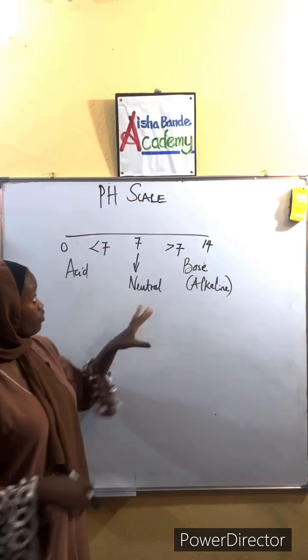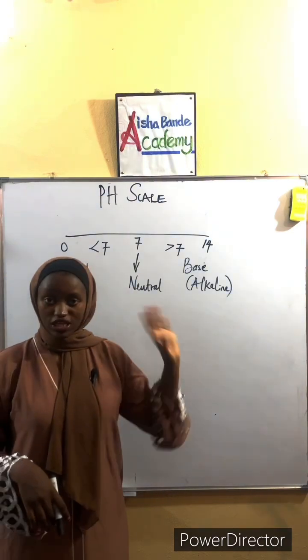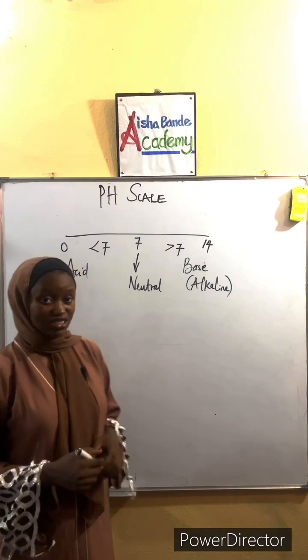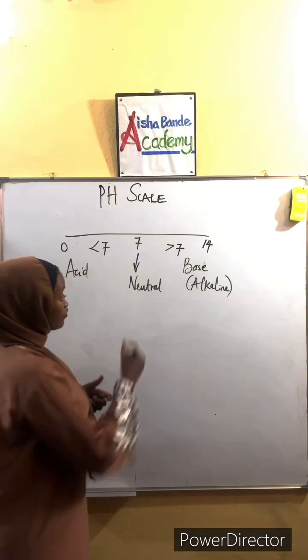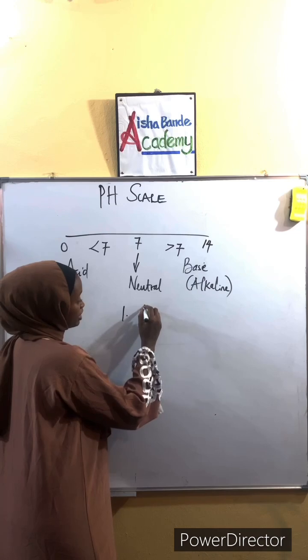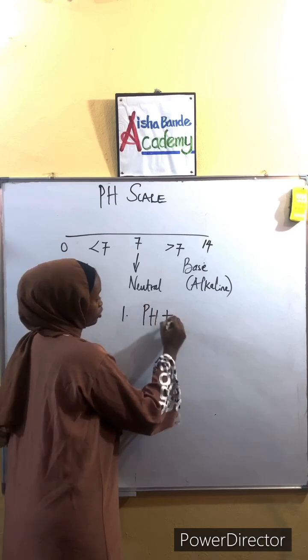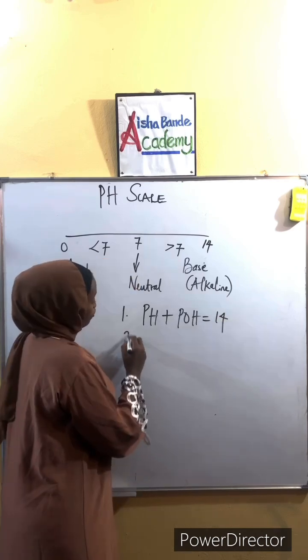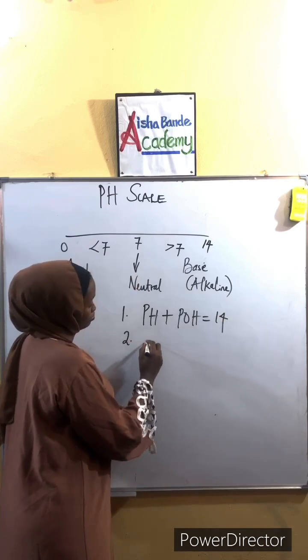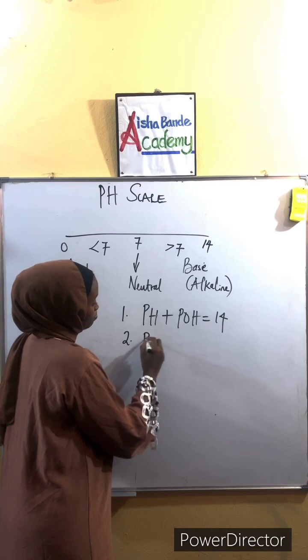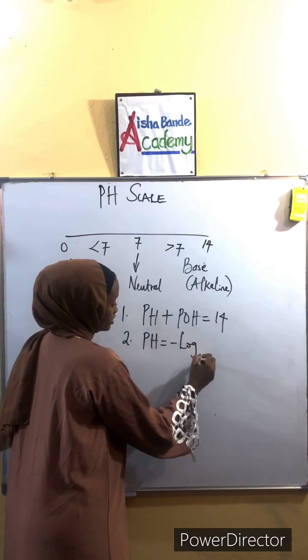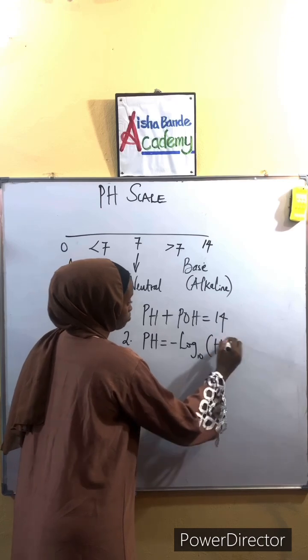For us to solve any calculation under the pH scale, there are four important formulas we need to know, which I'll be stating today. The first formula is pH plus pOH is equal to 14. Another formula is pH is equal to negative log base 10 of H plus.